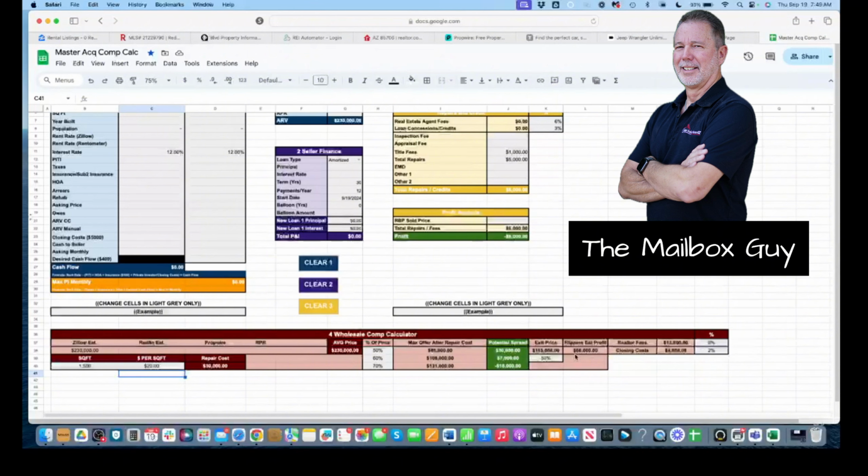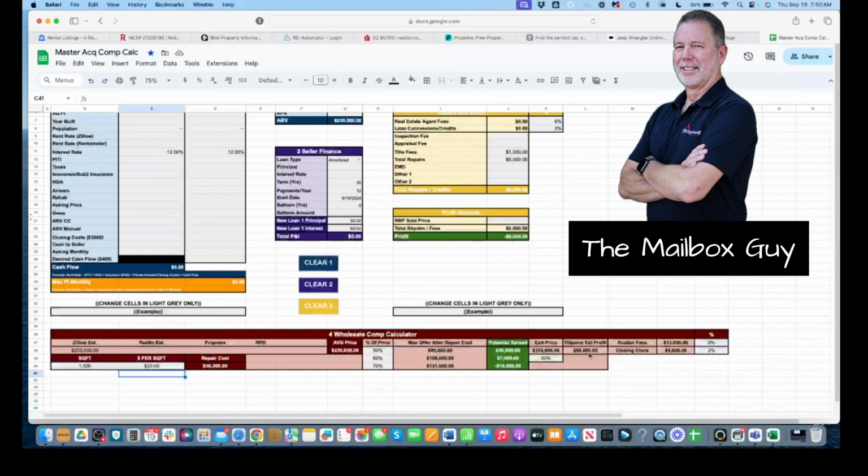This number here is basically what he's going to make if we sell him this property at this number. So if we sell him at 50% of ARV minus repairs, and he sells it at ARV, this is what he's going to make minus his realtor fees and closing costs.